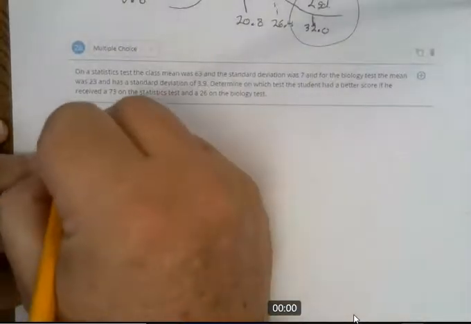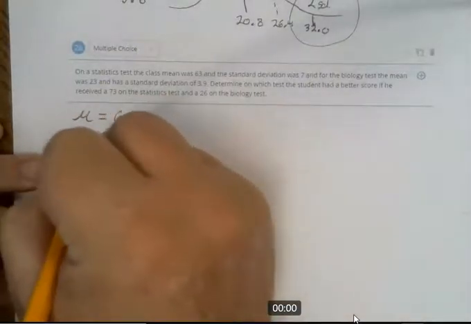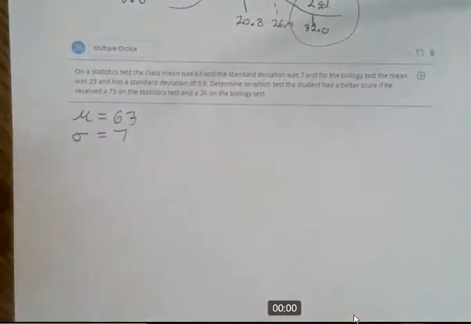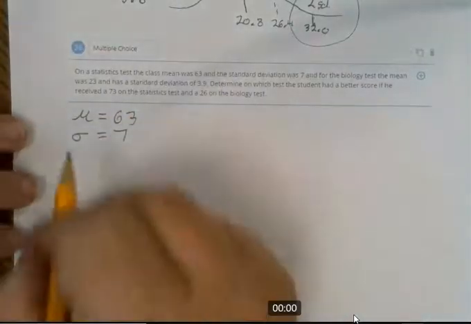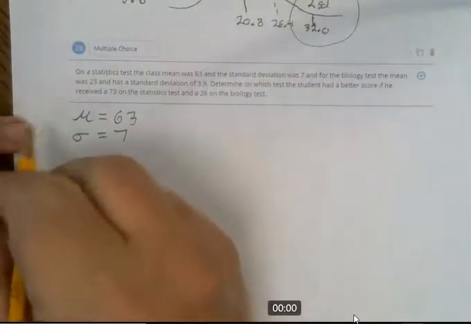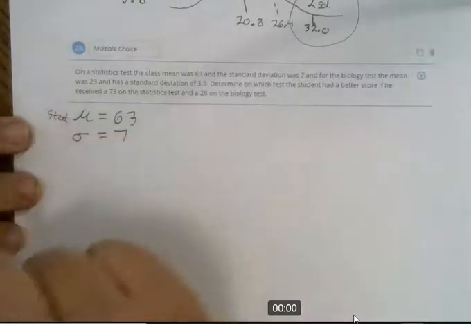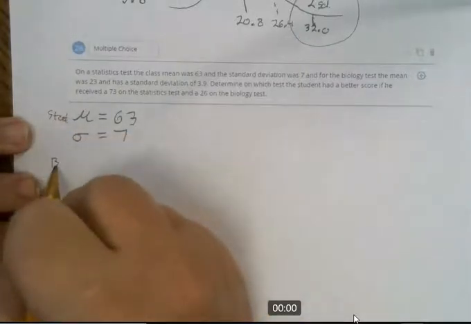On a statistics test, the class mean was 63 and the standard deviation was 7. And for the biology test, the mean score, okay, so we have 2 different means here, the mean score was 23. So let's go ahead and put stat, and here we'll put bio.